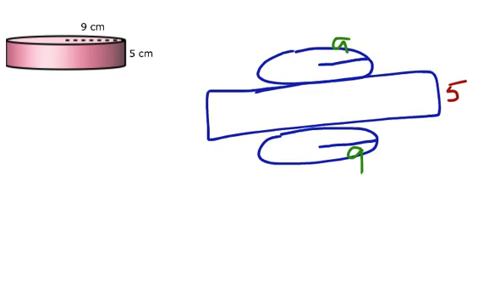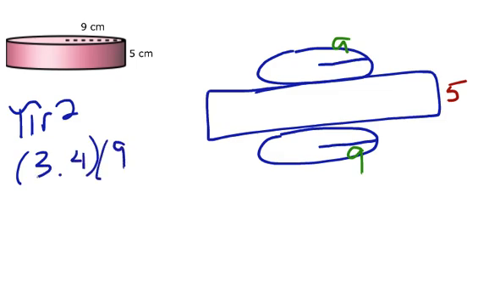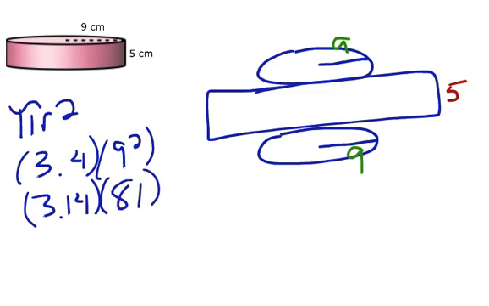So the first thing we're going to do, let's do the circles, which we know the formula is now pi r squared, and pi is equal to 3.14. The radius is 9, so 9 squared, and 3.14 times 81. 9 times 9 is 9 squared.